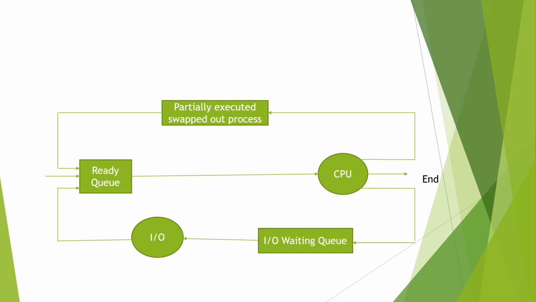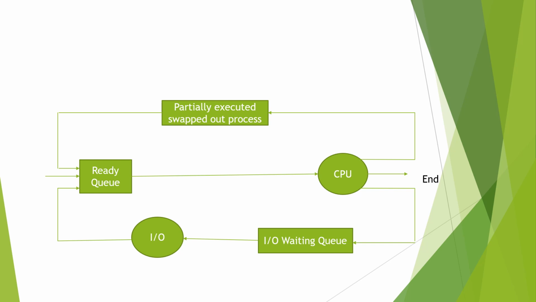It can also happen that once process P1 has been allocated the CPU, a process P2, which is of higher priority, can make the partially executed process P1 be swapped out of the CPU and taken back to the ready queue.